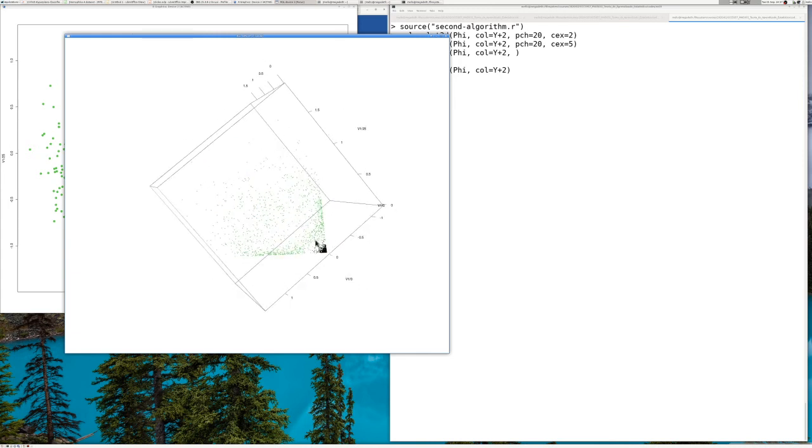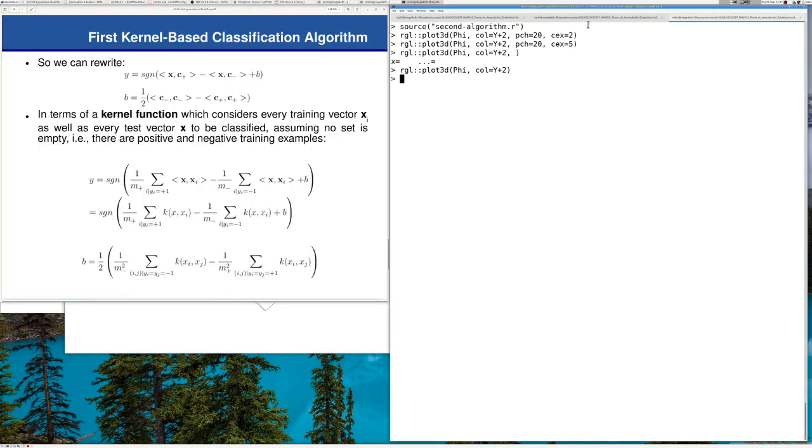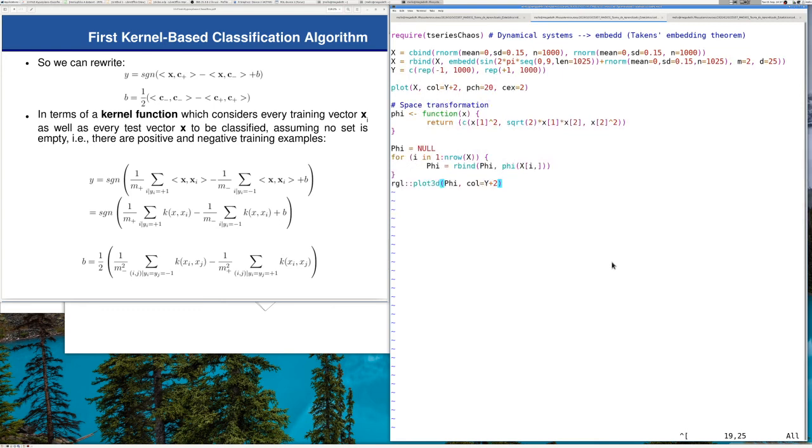Like disconnecting blacks from the green points over there. You know what's interesting here? How could I do that? After having this transformation, the algorithm is basically the same. So I could just open here, take a look.